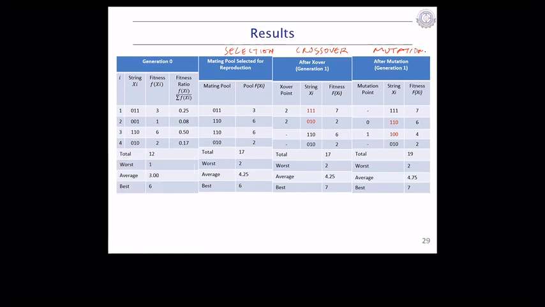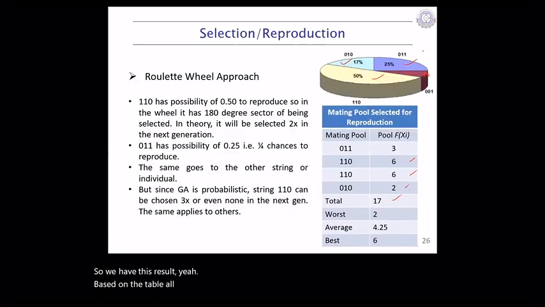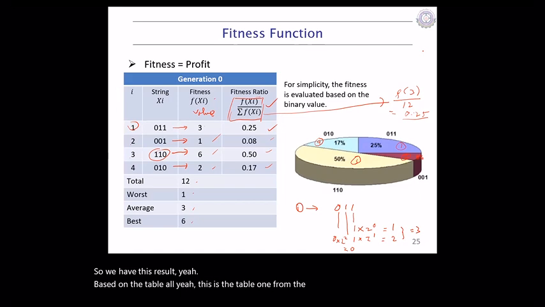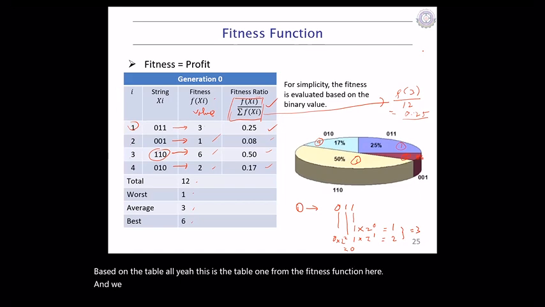So we have this result. Based on the table, this is table 1 from the fitness function here. We move this one, the process of generation 0.